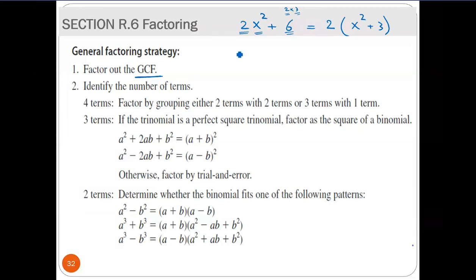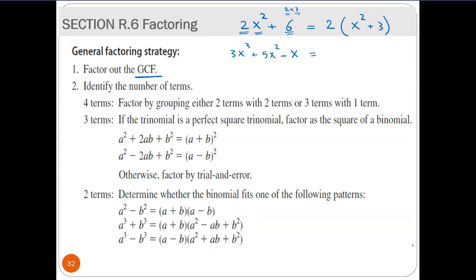For example, 3x to the power 3 plus 5x squared minus x. So here we cannot take a number as common factor because we have 3, 5 and minus 1.